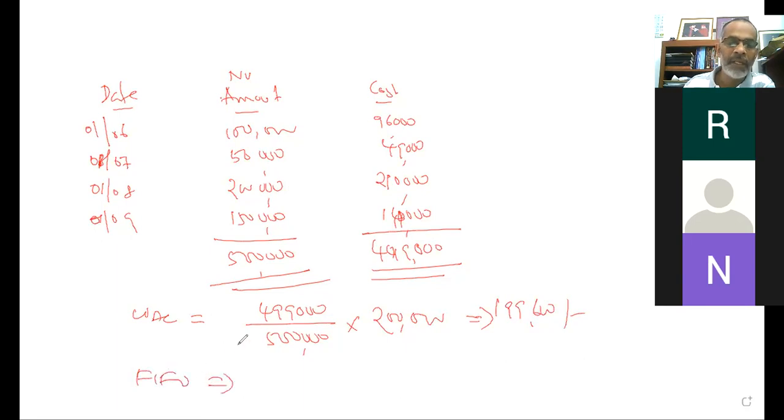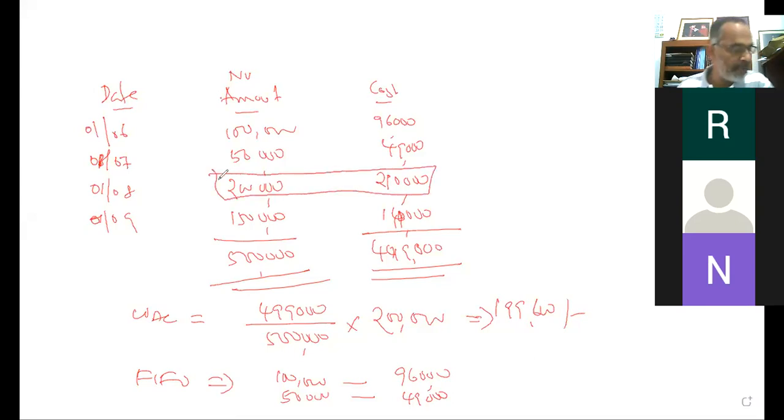Now we will go for the other method, the FIFO method, first in first out. We need 200,000. Therefore, the first 100,000 we purchased for 96,000. The second 50,000 we purchased for 49,000. Another 50,000: we purchased 200 for 210, therefore 210 divided by 200 multiplied by 50 gives the third 50, purchased for 52,500.